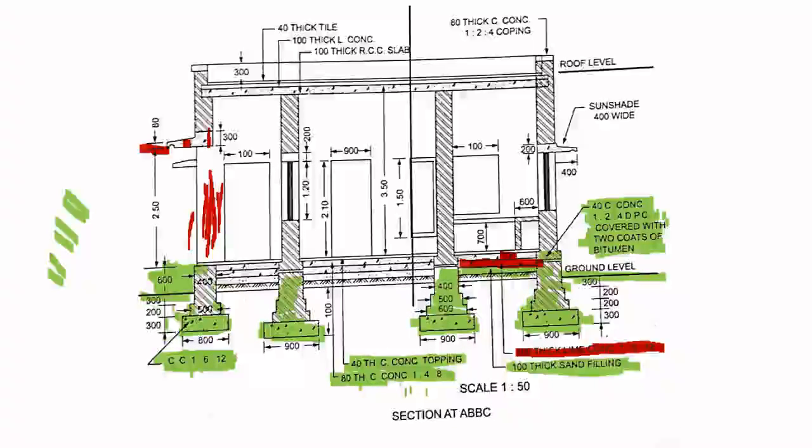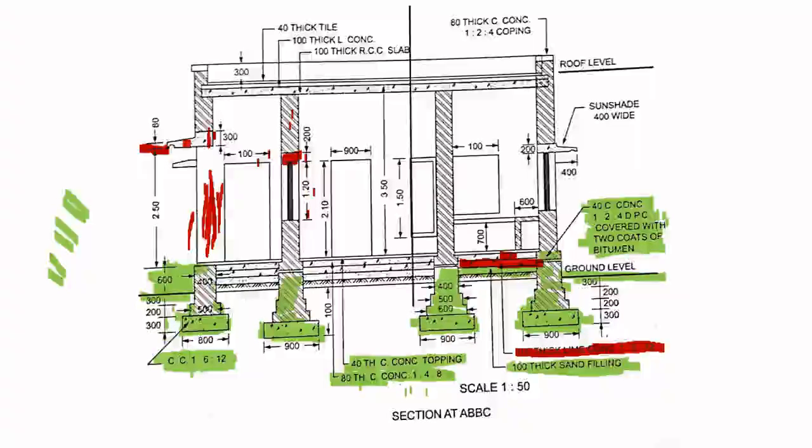So it varies from 300 to 80 mm. This is the height of the door, 1.2 meter. This is the width of the door, 1 meter. Above this you have a lintel. This is the lintel, and above the lintel you will have brick masonry.